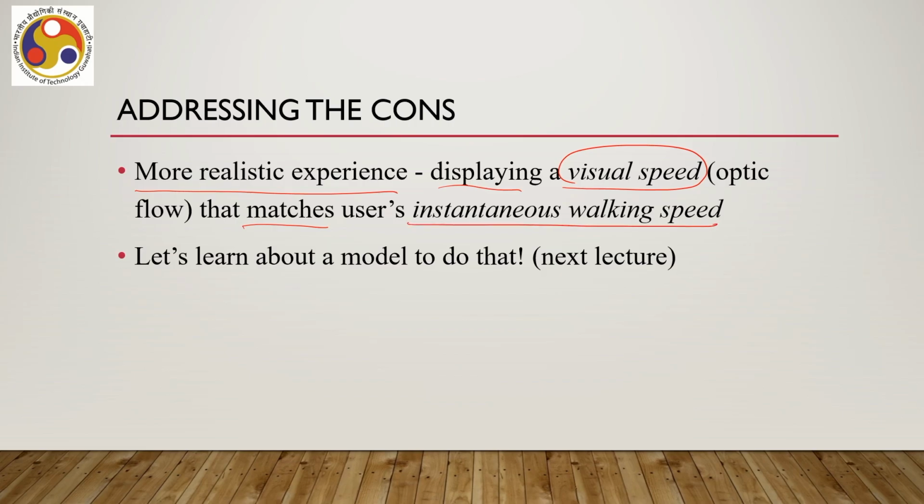Essentially, what we are trying to figure out is a model of the user's walking speed, how a user typically moves and what the instantaneous speed is during movement, and accordingly we should try to change the visual scene in the virtual world. Then it may give the user a realistic feeling.